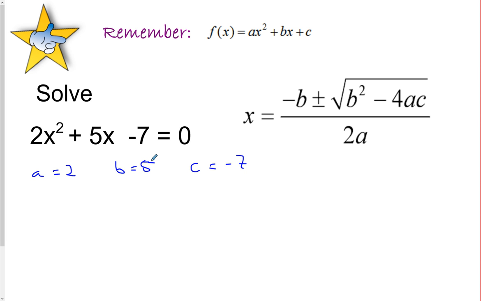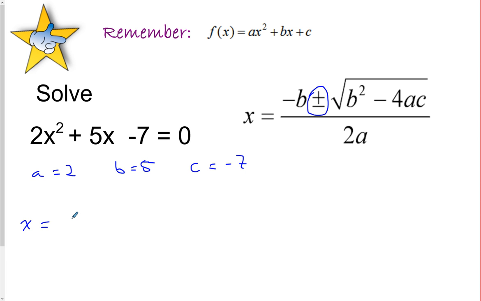Now we're actually going to sub those values into our quadratic equation. You notice the quadratic equation has a plus and minus in it. What the plus and minus does is that means we have one answer when it's plus and a different answer when it's minus. That's how we can end up with two different solutions. Okay, here we go. So we'll say x is equal to, now let's sub in negative b.